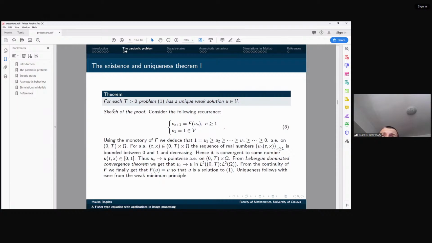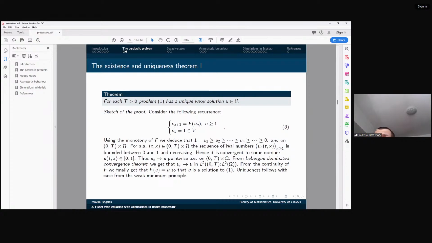This is one of the main results. Our problem has a unique solution. The solution is obtained recursively by starting with 1, which is like the whole image is white, and doing these iterations.